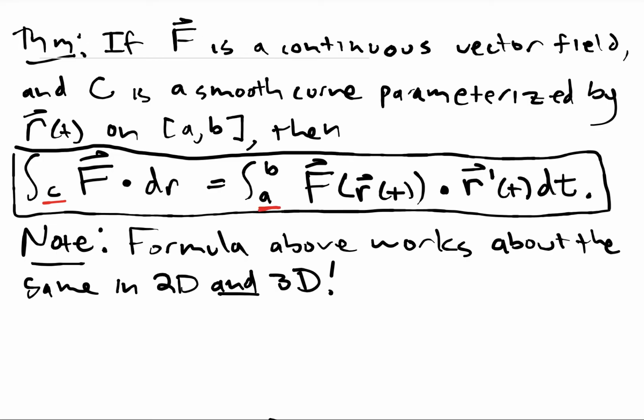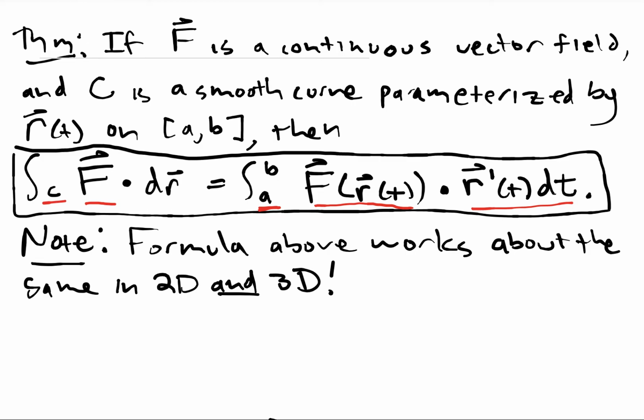If you're integrating this vector field f, make sure that you fix it by plugging your parameterization in. And if you're integrating with respect to this r differential, please rewrite that. Okay, you can't just leave the dr. Replace it using your parameterization. Take r prime of t and tack a dt on the end.